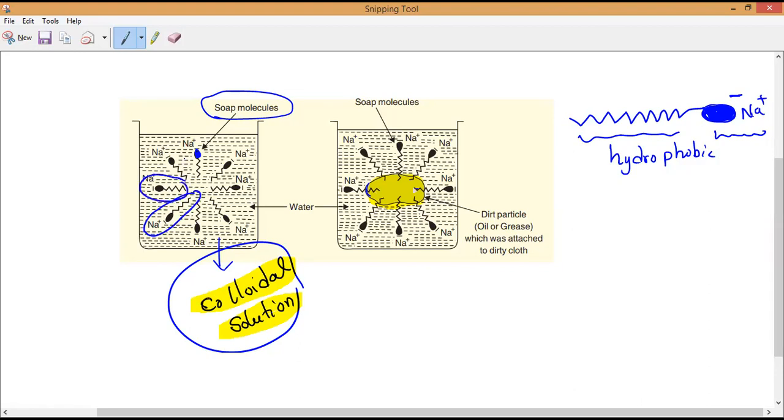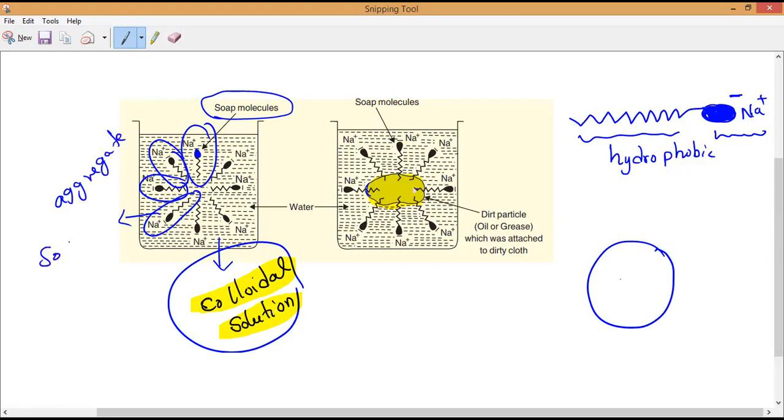When I dissolve the soap or Surf Excel powder, which is like a big molecule, in water, it aggregates into individual soap molecules.